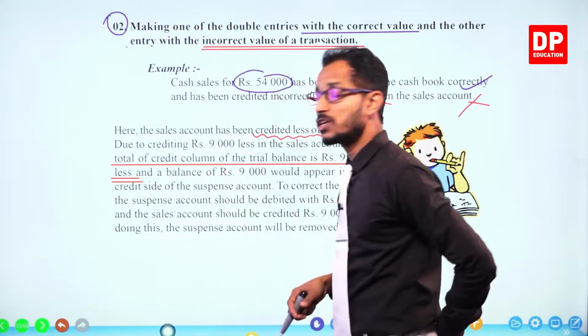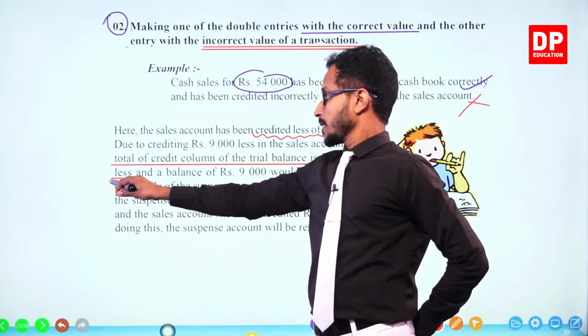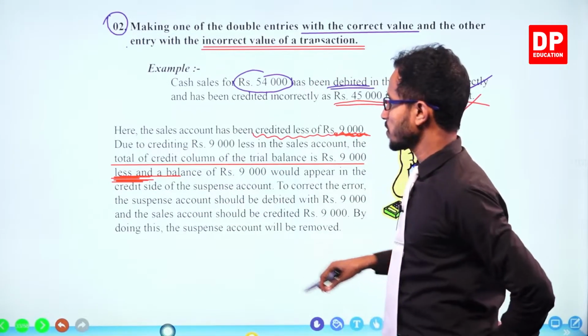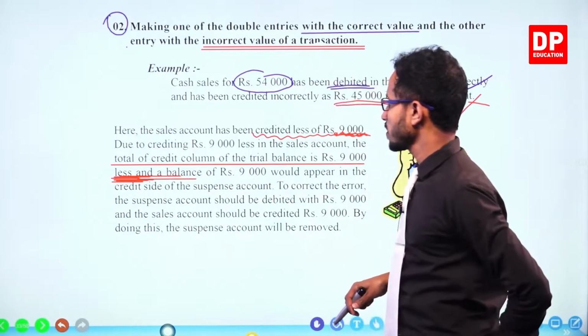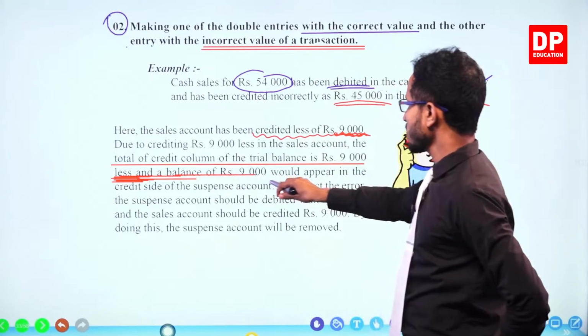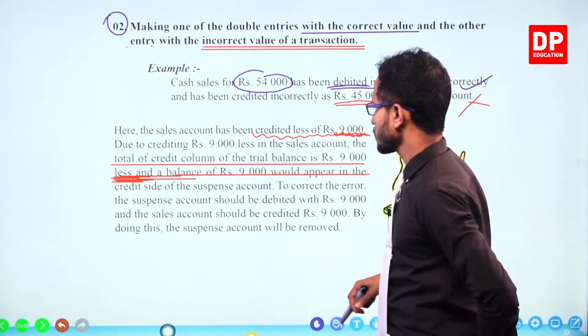See, less means short. That is what you should understand. And a balance of 9,000 would appear in the suspense account.